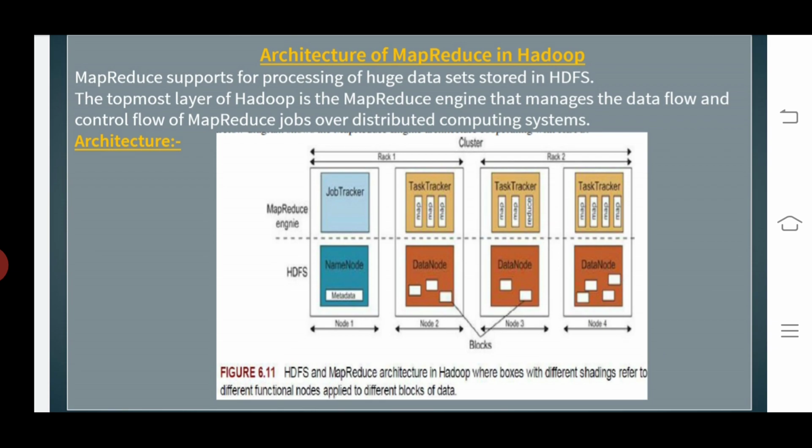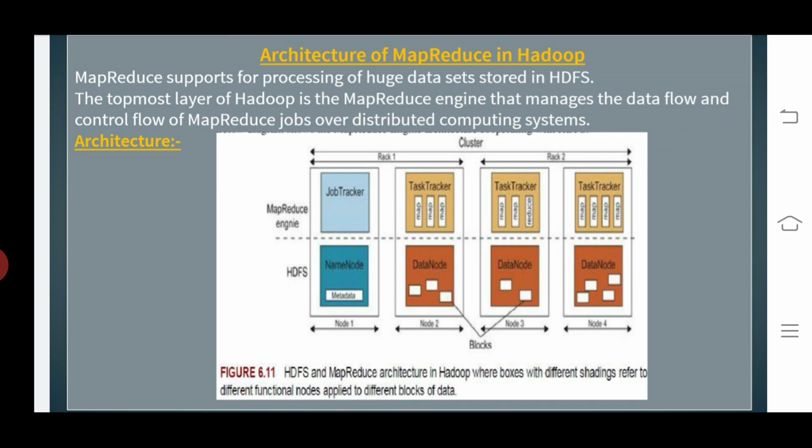The topmost layer of Hadoop is the MapReduce engine. What does it manage? It manages the data flow and control flow of MapReduce jobs over a distributed computing system.